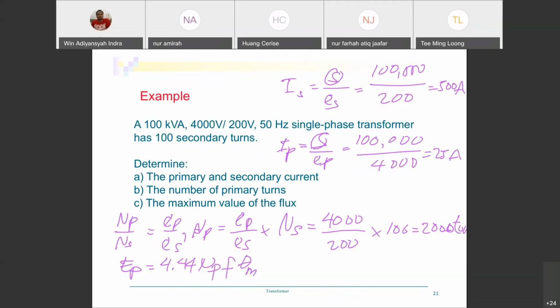Okay, so this is the question then. EP is 4,000. 4.44, NP is 2,000, we just found it. F is 50, so you will get the maximum flux then. Okay.